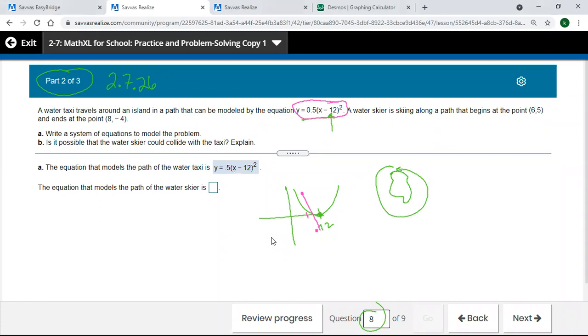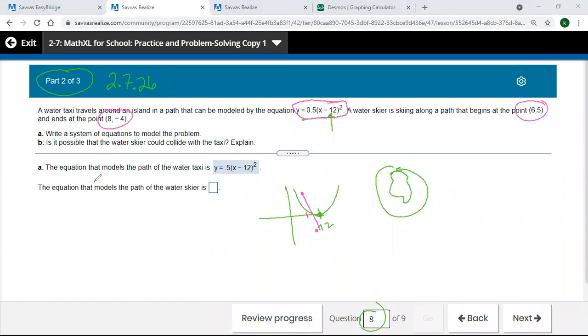Okay. Part B, the equation that models the path of the water skier. So the water skier, it doesn't really say, but I'm thinking that's linear because that's what we've been doing. So we've got to find the equation for the water skier here is the issue. And we have 2 points.